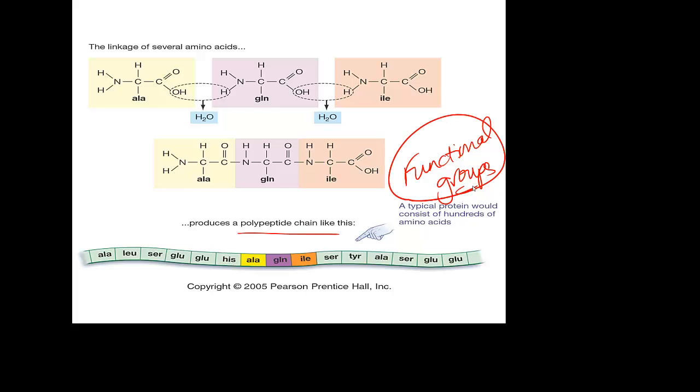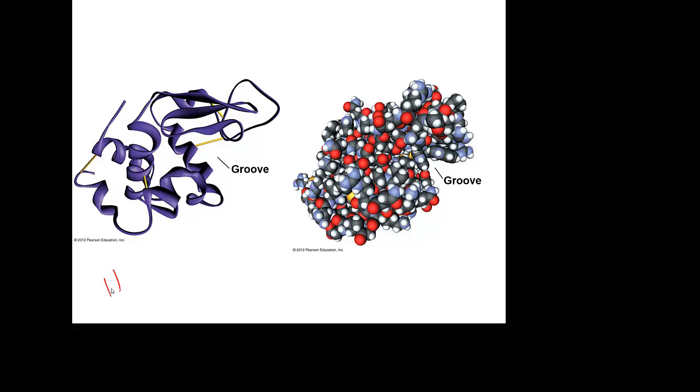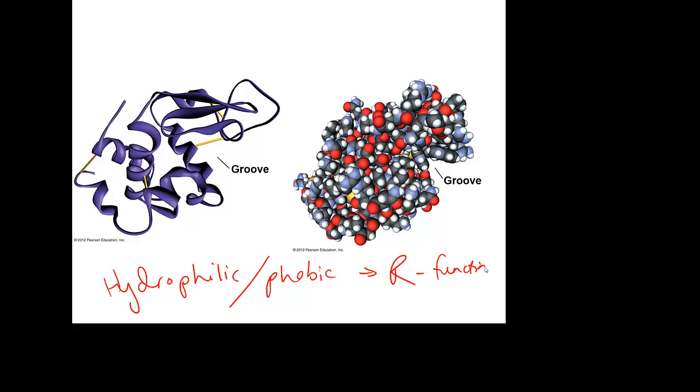We said the functional groups are important because of the hydrophilic and hydrophobic parts of the R group or the functional group. Why are they so important? Because this protein chain is going to fold.